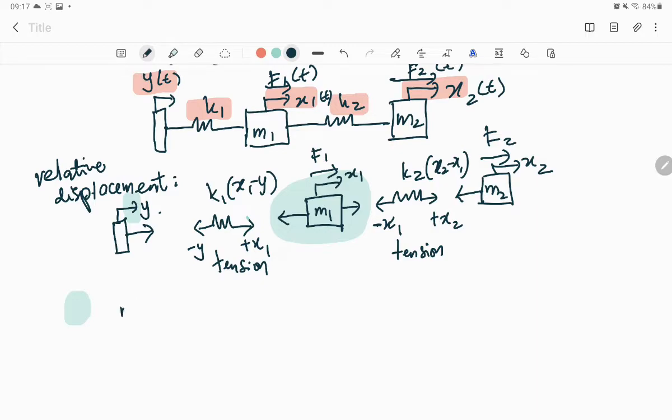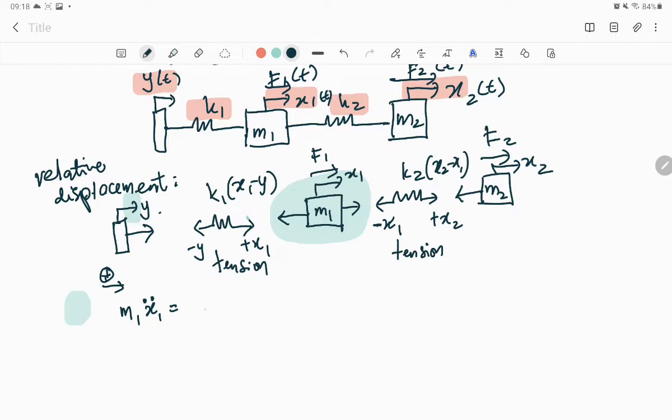So you write M1 X double dot 1, because your mass only moves at X1, equal to the summation of forces. We always assume the direction to the right is positive.